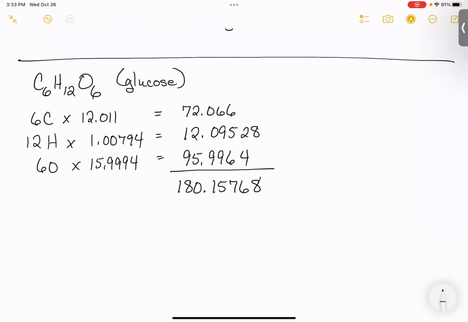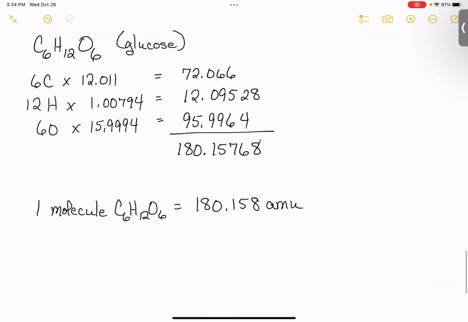So in other words, if it is 1 molecule of glucose, then it's going to have a mass of 180.158 AMU.